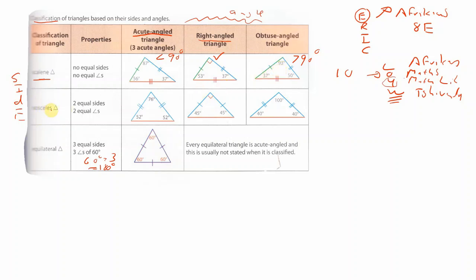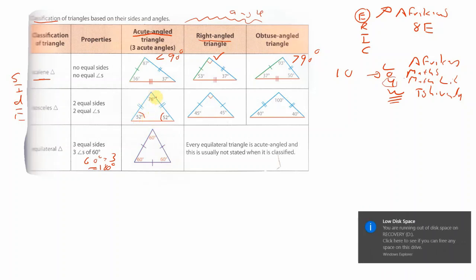Similarly, we can look at the isosceles case where we know two angles are equal and two sides are equal. Now, we see we have one side and another side equal, so these two blue sides are equal. We can also see opposite the blue side we have a 52-degree angle, opposite the other blue side we have a 52-degree angle, because we know there's a direct relationship between side lengths and angle sizes.